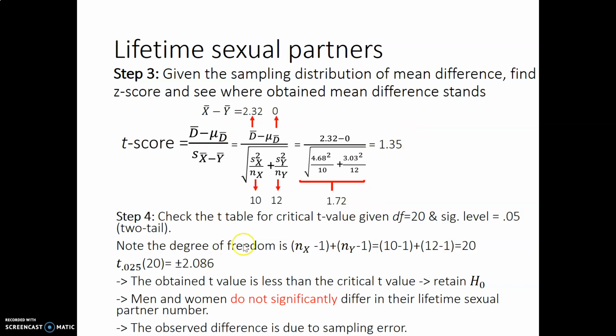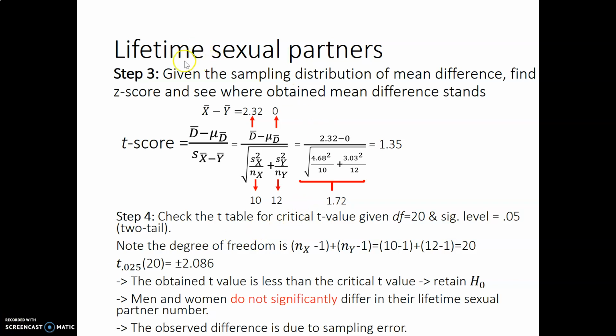Getting back to our example, we say that there is no significant difference between men and women in terms of their lifetime sexual partner number. So the observed difference we got here, which is 2.32, is purely due to sampling error. It's an observation error, something due to chance. It's not a true difference.